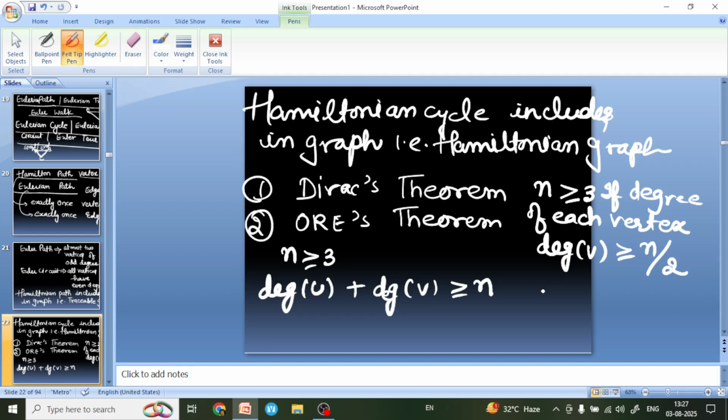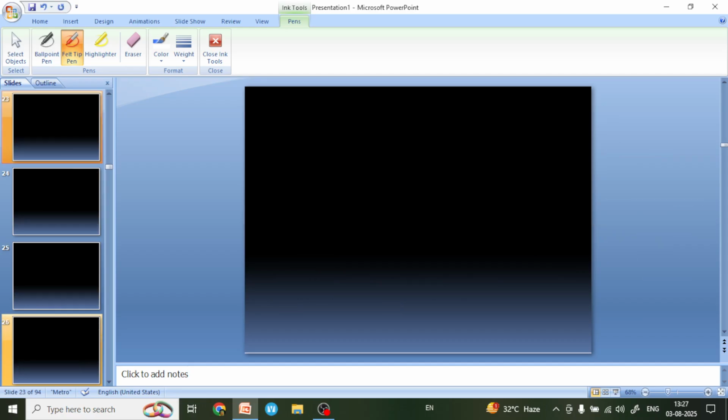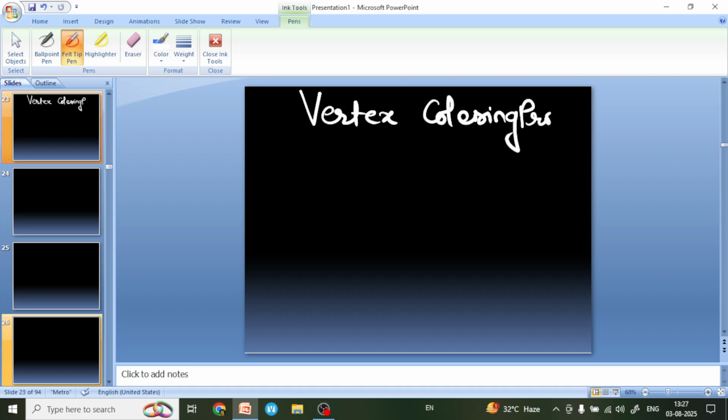Now the next topic is the vertex coloring problem.